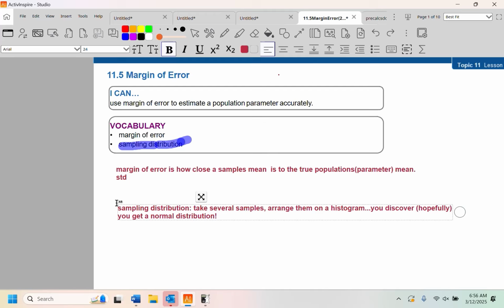Who would have thought? Which means you get to use all the rules, like the bell curve or the empirical rule. So it turns out that if you take lots and lots of samples, you'll get something that lays out like a perfect bell curve, usually, or it's very close to one. So that's where some of this stuff is coming from.